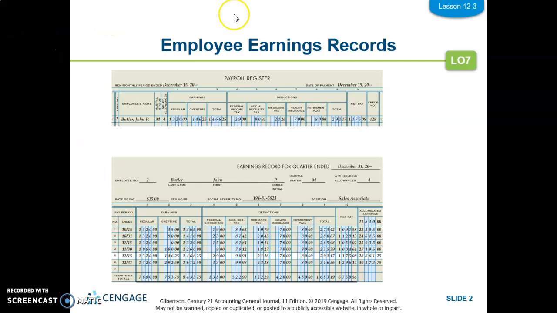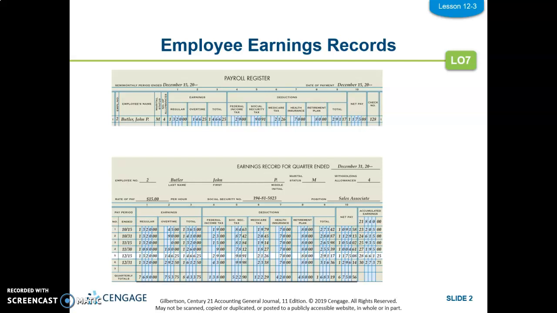So you guys have this handout once again so you can take notes on this. Probably at the top what I would write is that a business is required to send the IRS and other government agencies quarterly and annual reports showing the employees' taxable earnings and taxes withheld from their earnings.